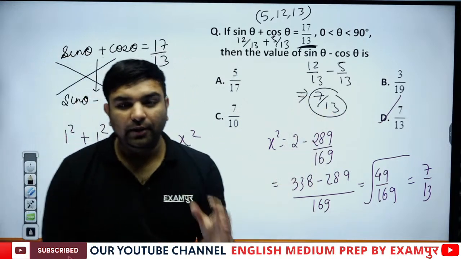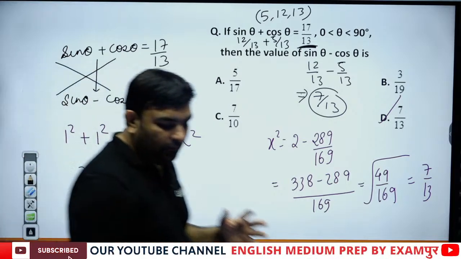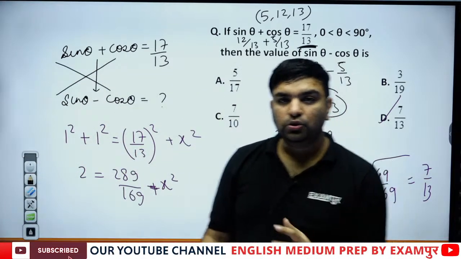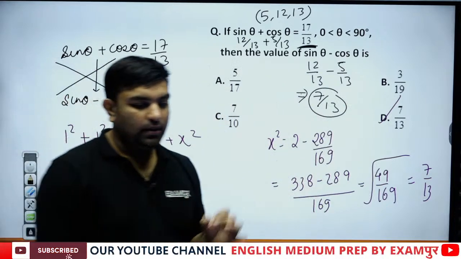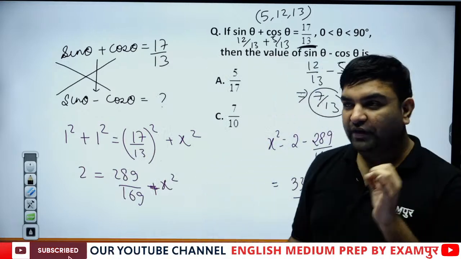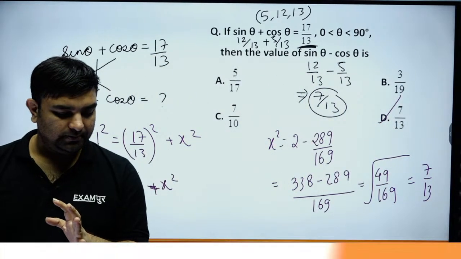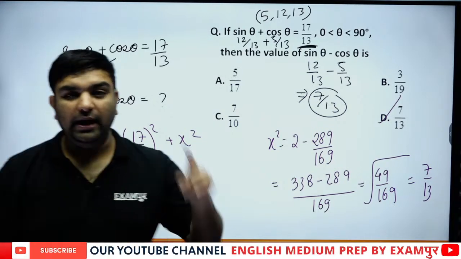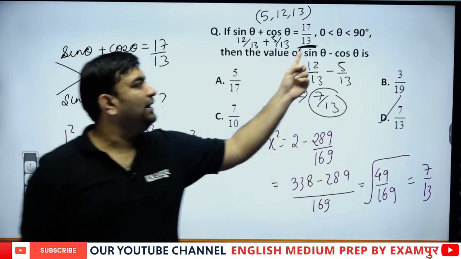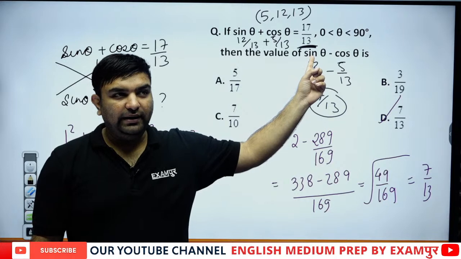Why are we able to do this observation? Can anyone tell me why and how we are able to do this observation? Jivita, Ram, Priyanka. We are able to do this only because of this 13.